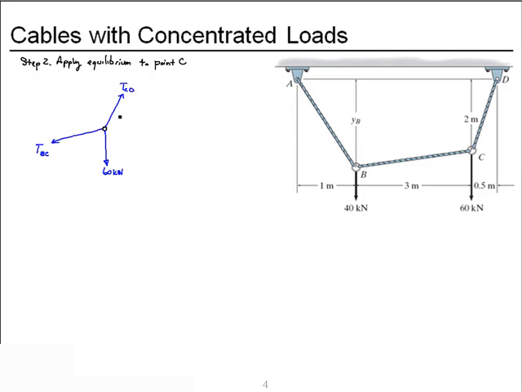Our geometry is such that we have a 2-meter rise over a half-meter run for segment CD. And we have the same slope that we looked at in the last free body for segment BC.